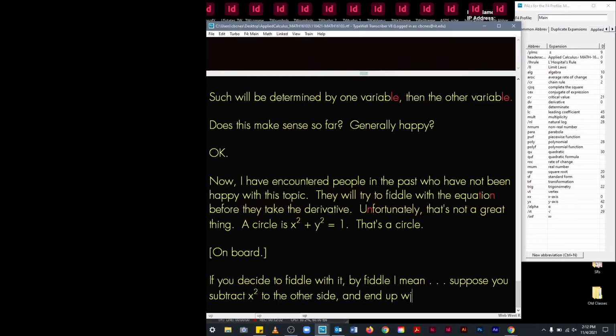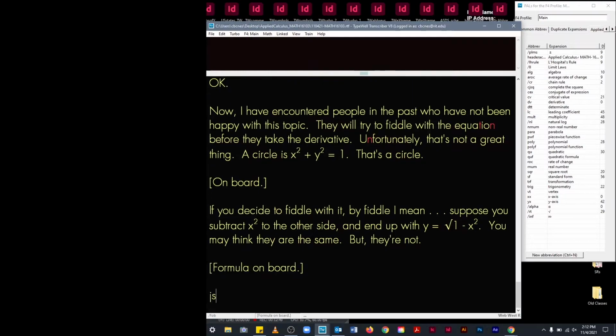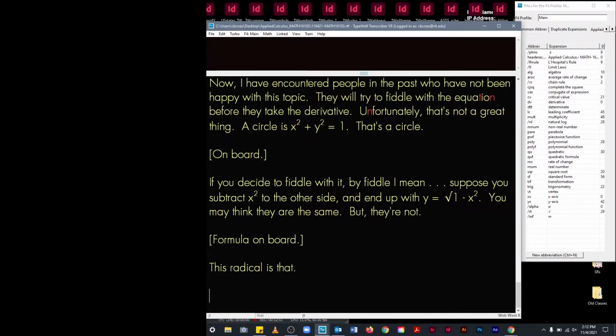And you're going to say, well, those are the same thing. No, they're not. A circle is in the form of x squared plus y squared is equal to 1. This radical is that. It's just the top half.